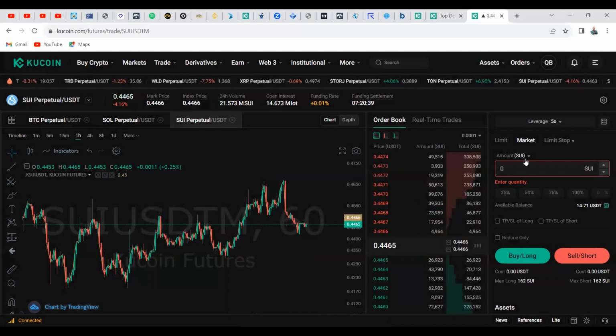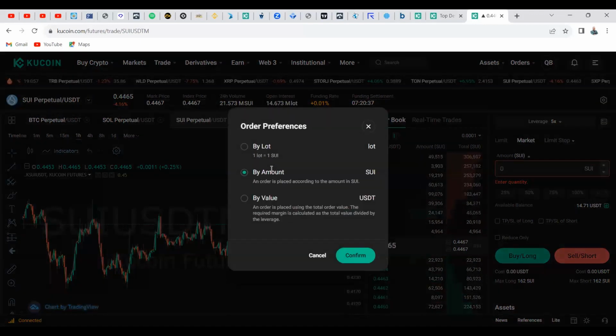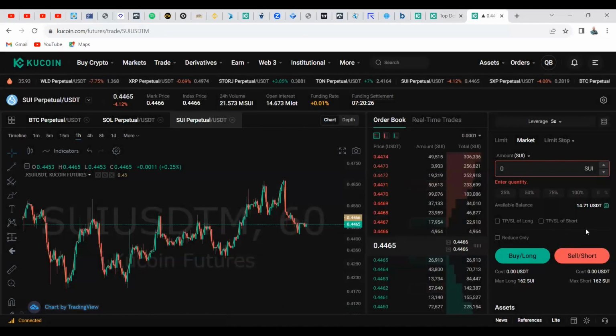So I'm going to remove this SUI, and you can see that this is trading by amount. The order I would have placed is according to the amount of SUI that I have. In this case, I don't want to trade with SUI. I would rather trade with the stable coin, so that even if I'm in profit, it can be determined from a stable coin perspective.